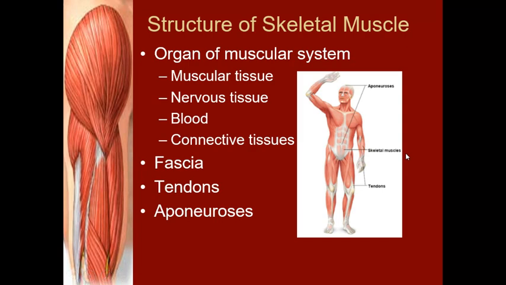All right, so looking at muscle, each muscle is an organ. And remember, by definition an organ is made up of several different types of tissue. So we do have muscle tissue. That's very important. Otherwise, it wouldn't be muscle. But you have nerves that run to that and allow for control over those muscles and directions to those muscles to give them directives to do something.